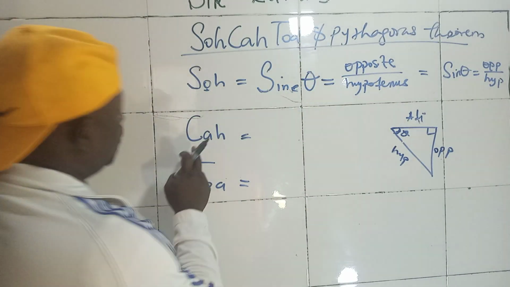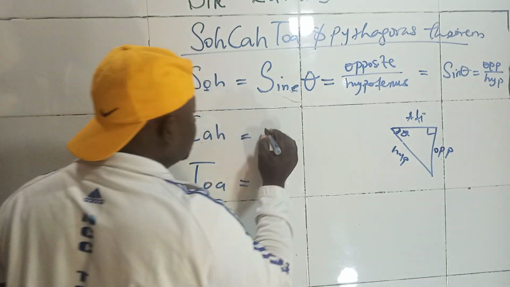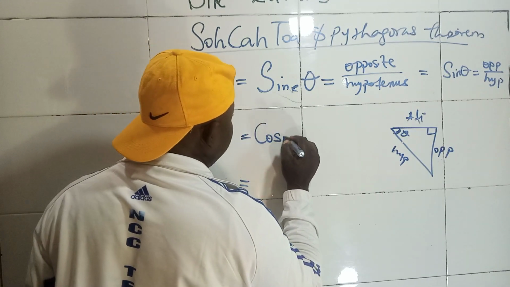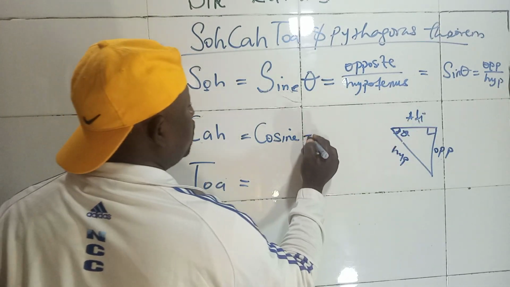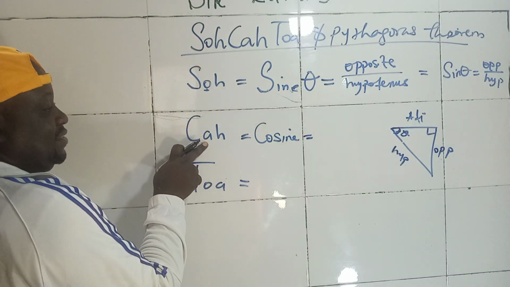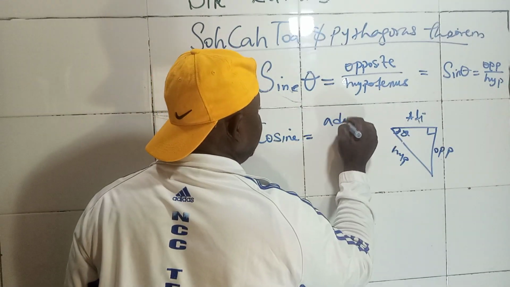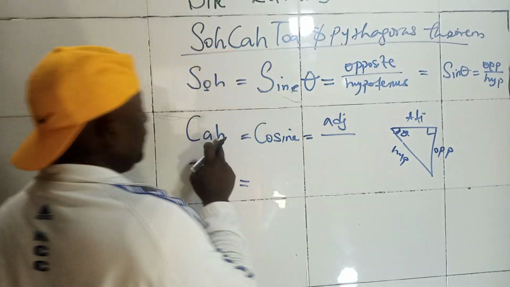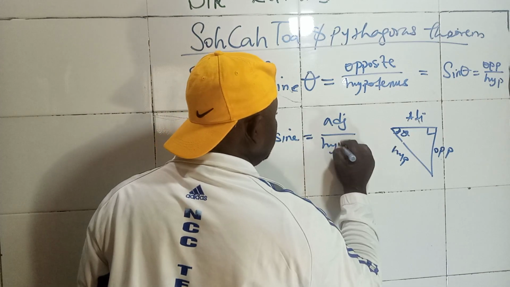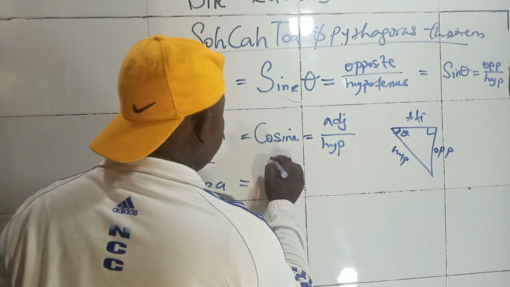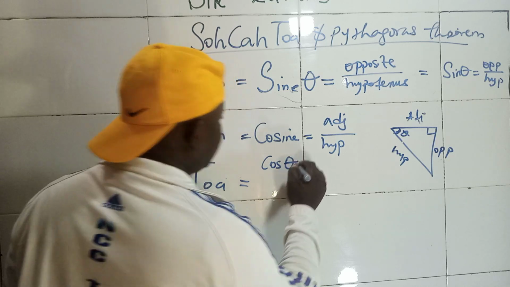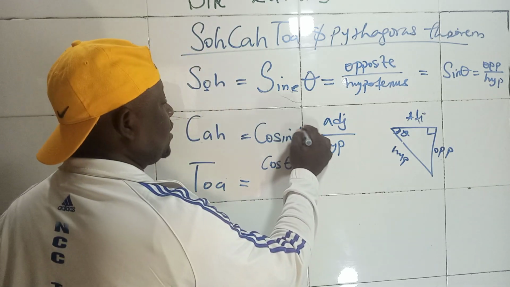If you see your textbook, C means cosine. So cosine of this angle is equal to adjacent all over hypotenuse. So it can be written as cos theta.